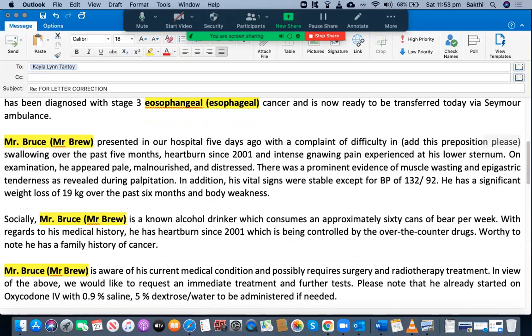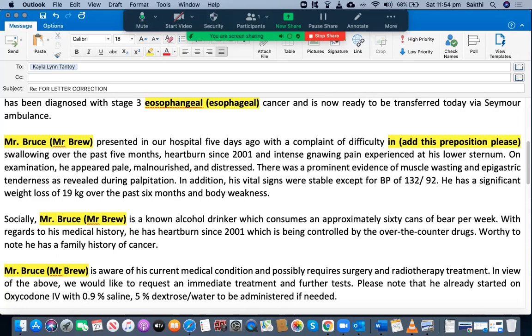That's the correct way of writing the sentence. 5 days ago with the complaint of difficulty in swallowing over the past 5 months, and then heartburn since 2001, and intense gnawing pain experienced at his lower sternum.